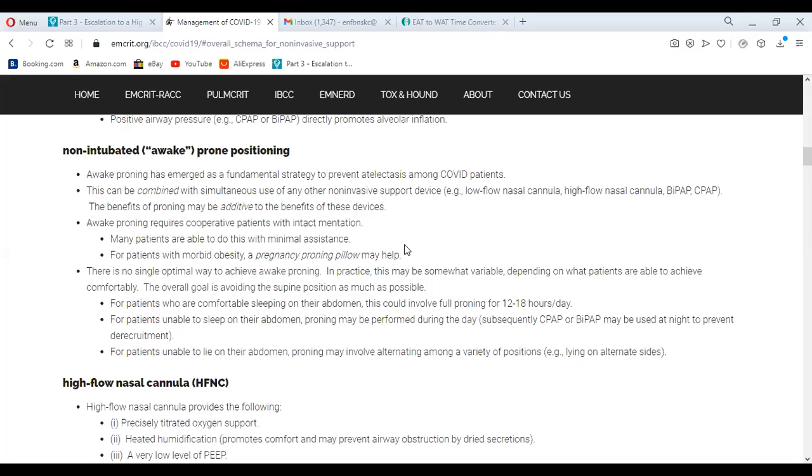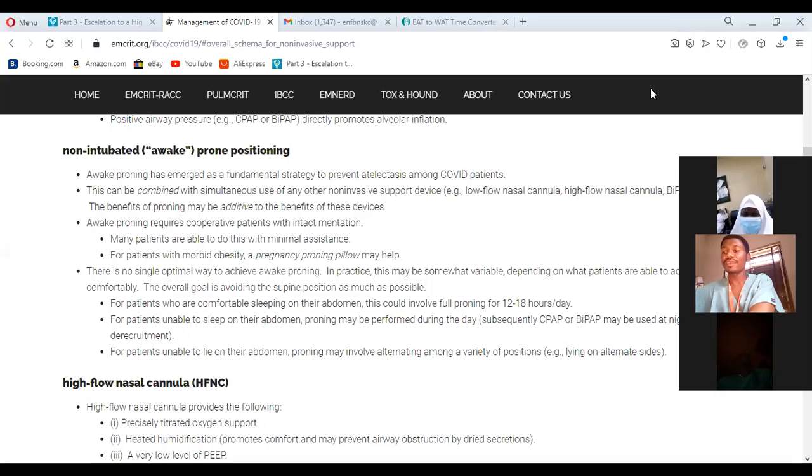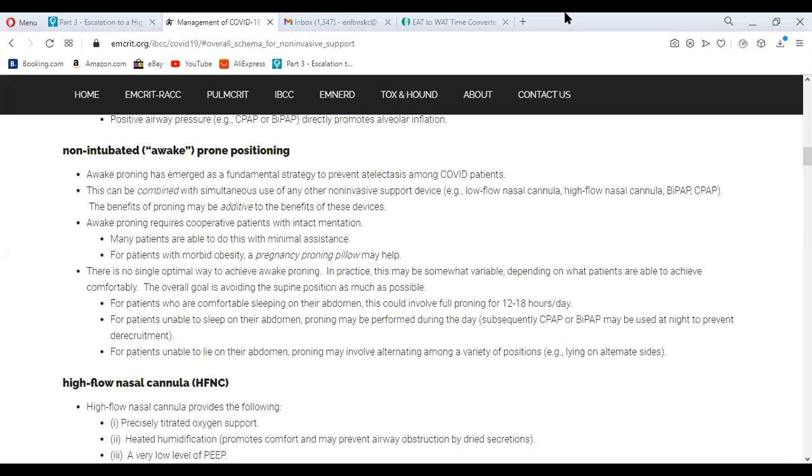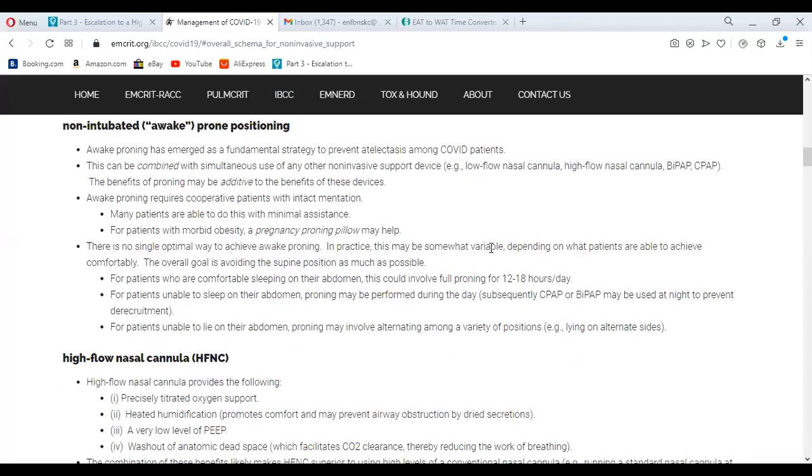So in pregnant women, of course, we know putting them in the scenario which is presented to you, you may be able to involve full proning, but of course, it's not all patients that are comfortable sleeping in this position.